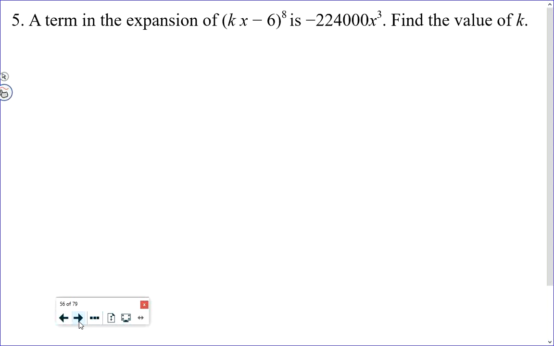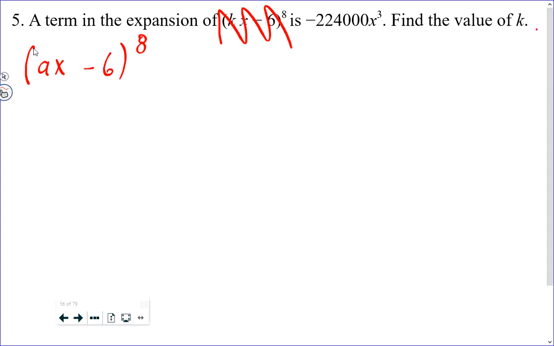My advice to you, we've done this in trig with other similar kinds of situations, is to rewrite this with a different letter for the parameter. Don't use kx minus 6. Even the best student is going to get confused by leaving the k in there from time to time. So what this question is, find the value of a, not find the value of k.